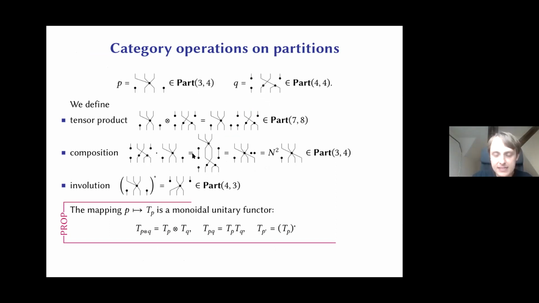And maybe one detail that I did not mention last time, but it also applies to the pairing situation. It can happen that some block here will not be connected to any of the new upper and lower points. If you do the composition here, so I have some 2 blocks that are kind of empty, and if I want to keep this mapping to be a functor, then I have to replace each of those empty blocks by this scalar factor n here.